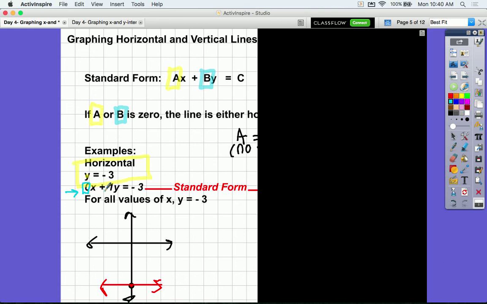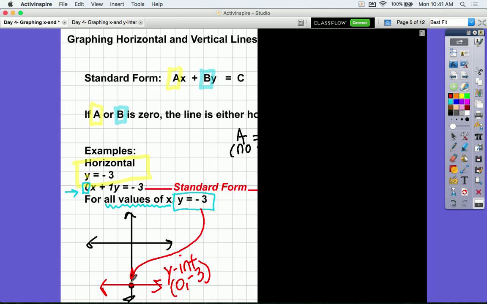What you're going to have to do is understand that for the equation y equals negative 3, all values of x, no matter what they are, 0, 1, 2, 3, 4, negative 5, negative 10, y will always be negative 3. So here's how we do this. If y is negative 3, look at what point I have on the graph. The y-intercept is at 0, negative 3. I plot that point. I don't need any other points on my graph.